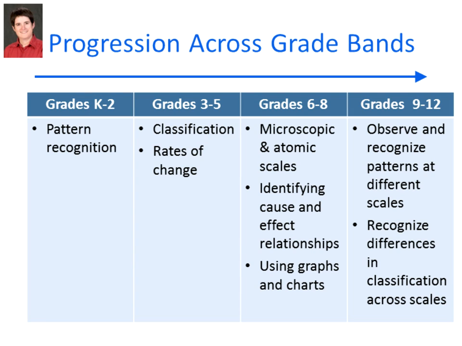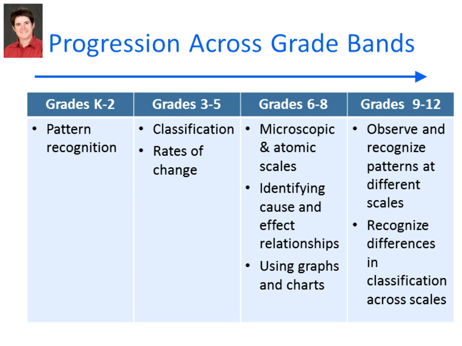Across grade bands, there is a progression of ideas about patterns. In the early grades, students are mostly working on pattern recognition, so sorting, looking for similarities and differences among items, usually items that they can touch and feel and see.